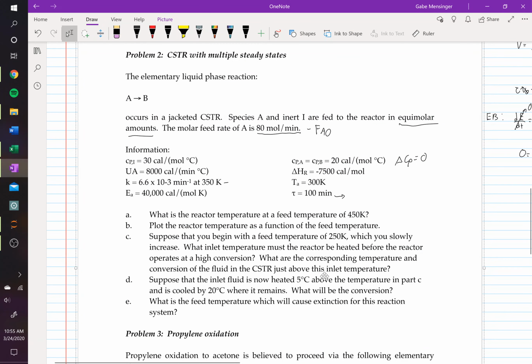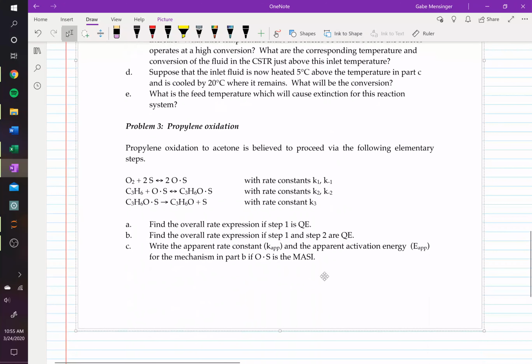All right. And then moving on to number 3. Okay, so in my opinion, this one is the easiest one because this one you can all do by hand.